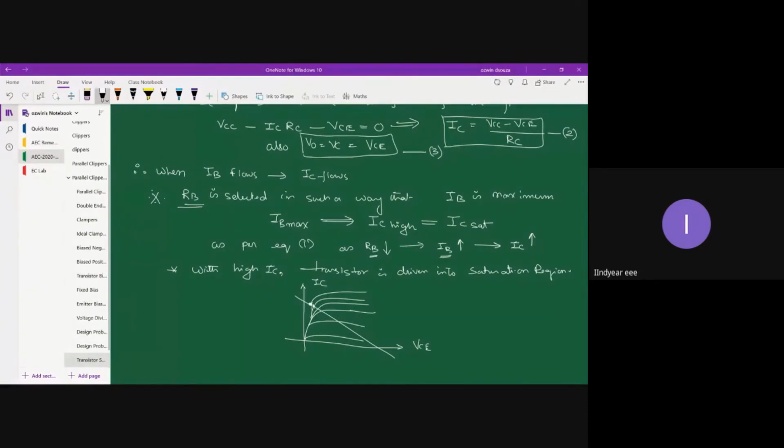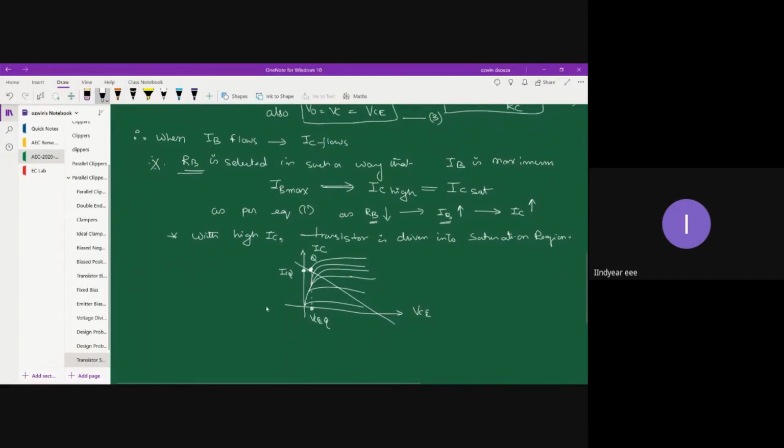If I were to take out the coordinates of the Q point, this is my IC saturation, or sorry, IC Q, and this is going to be my VCEQ. Now in saturation region, your VCEQ point is very close to 0 volts, so this VCEQ can be approximately written as 0 volts.